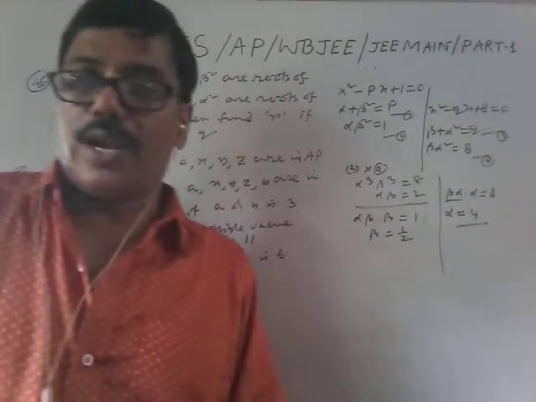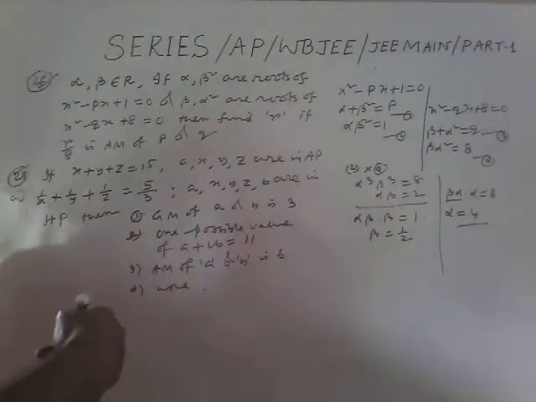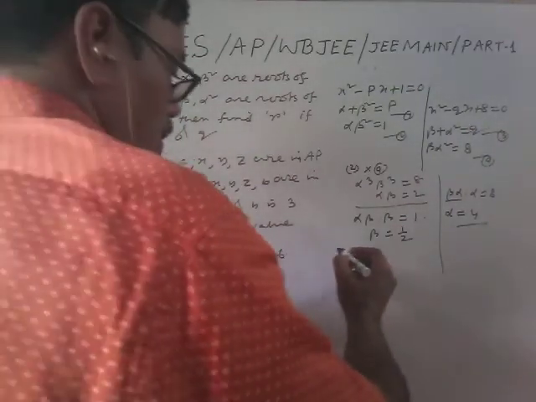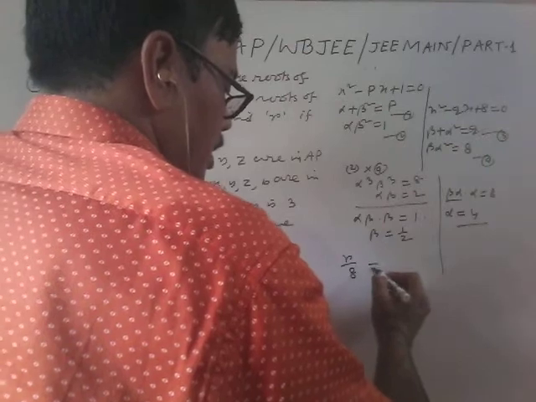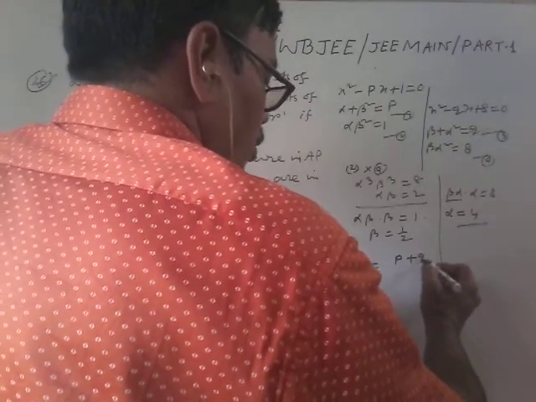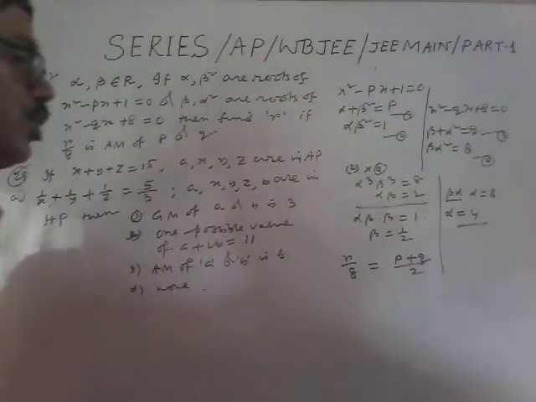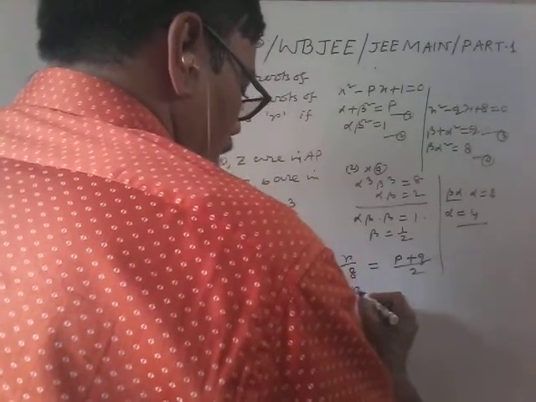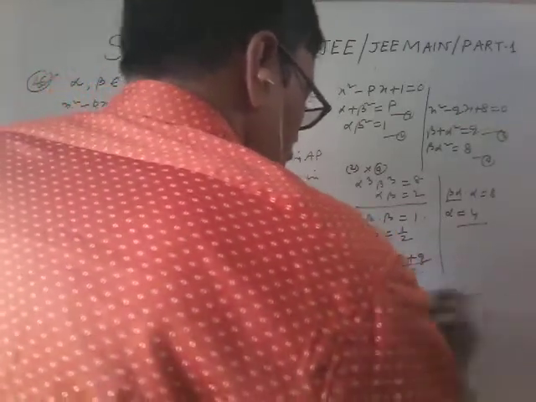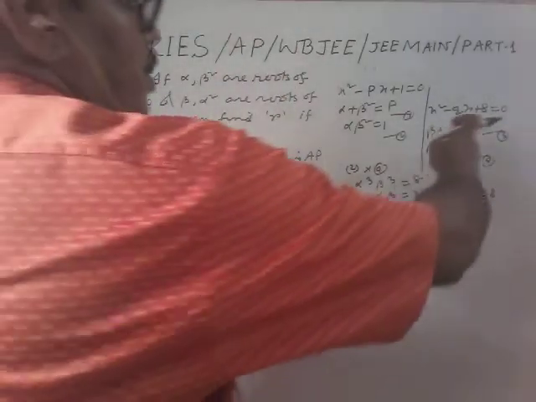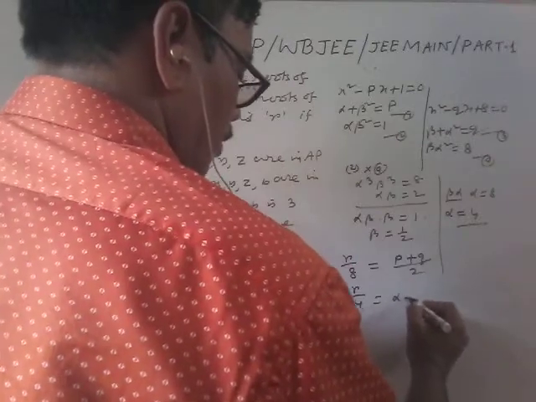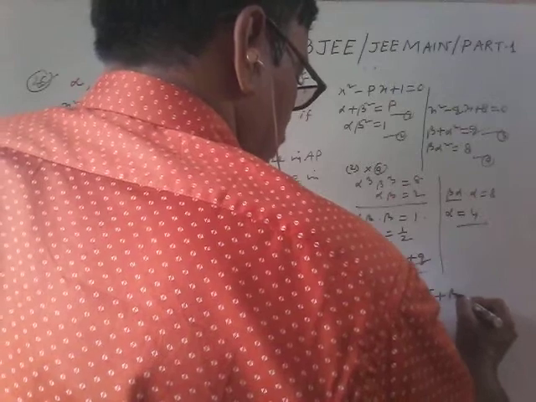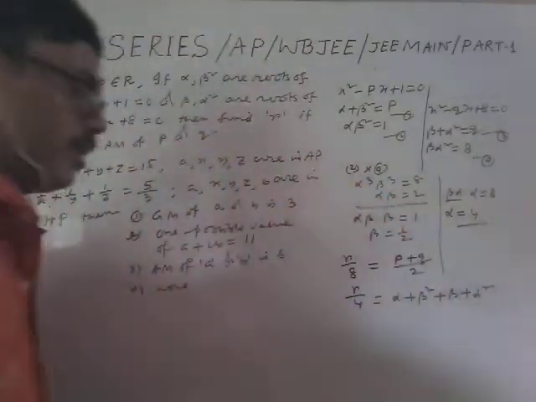Now what we have to find? Look, r by 8 is the AM of p and q. So (p plus q) by 2 is r by 8. So r by 4 equals p plus q, where p is alpha plus beta square and q is beta plus alpha square.